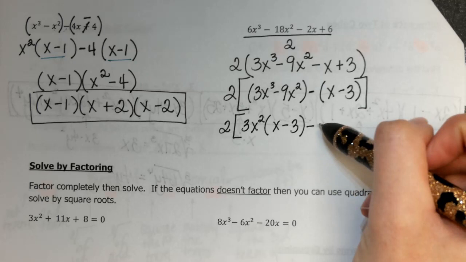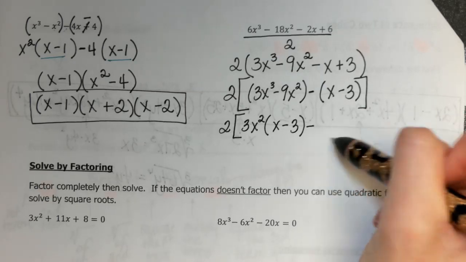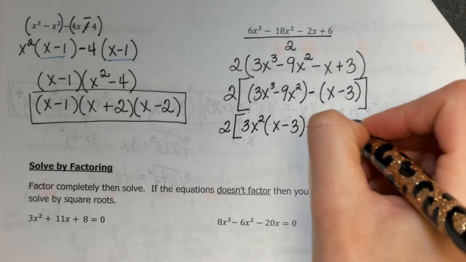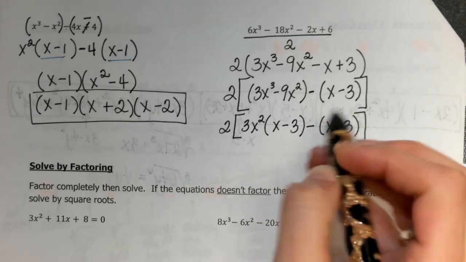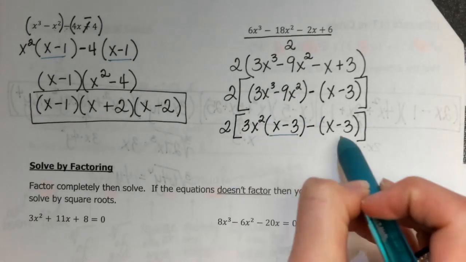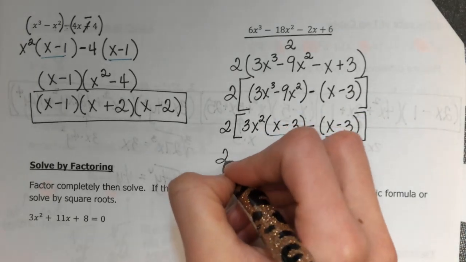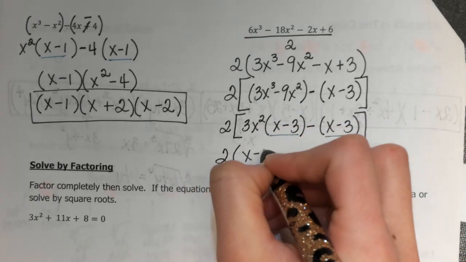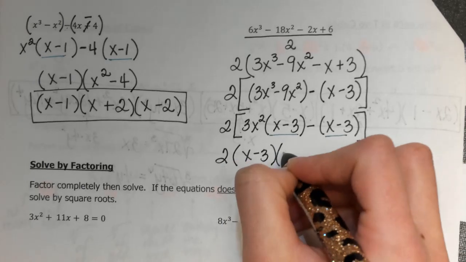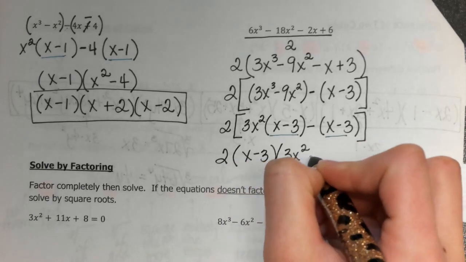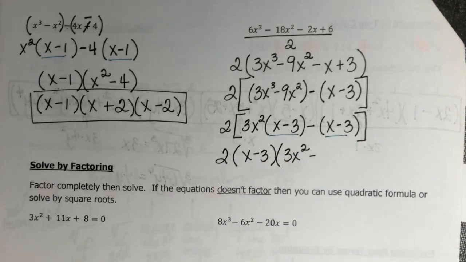No, but I also know I'm going to need something here. If I just have x minus 3, I recognize this is my new GCF, right? So I have my 2, I take out my x minus 3, and that leaves me with 3x squared minus what? 1.